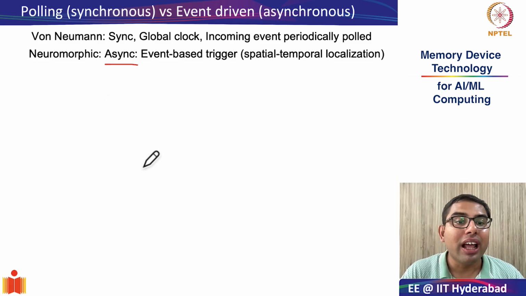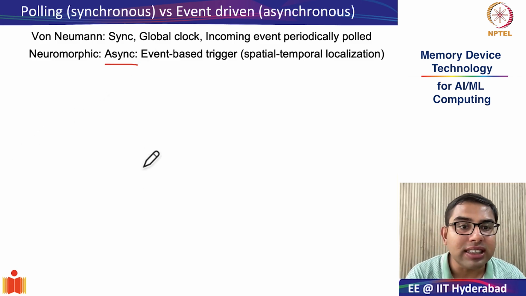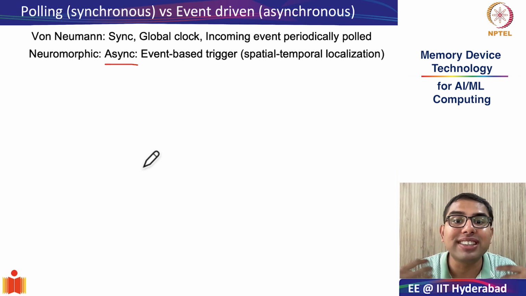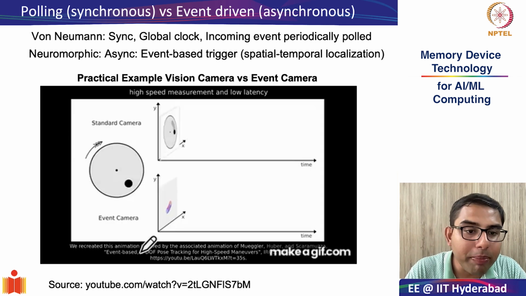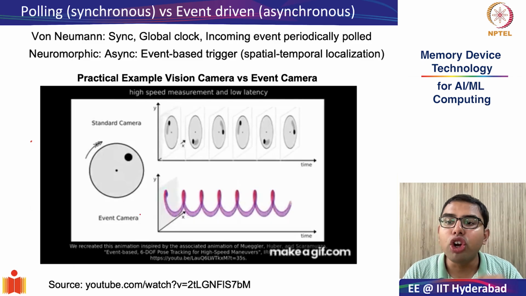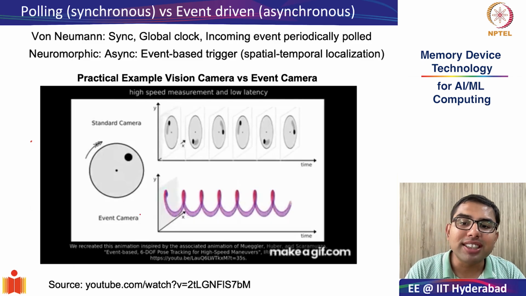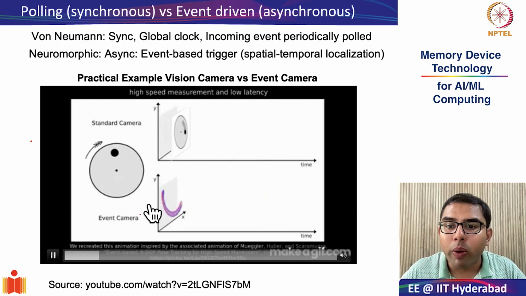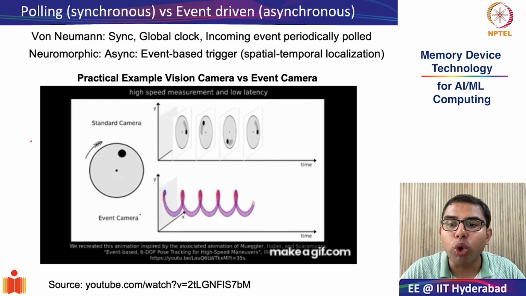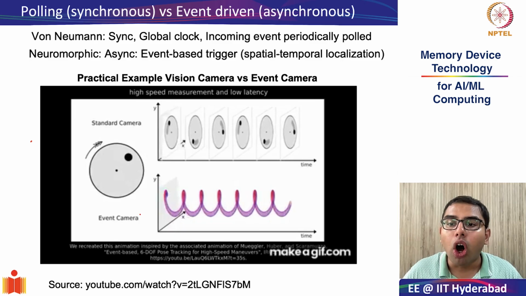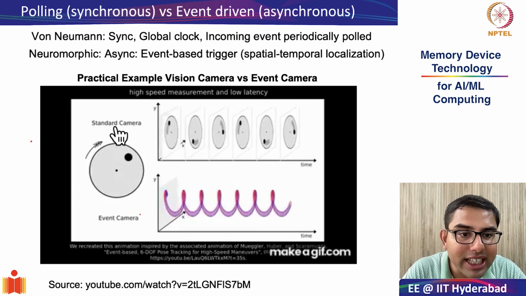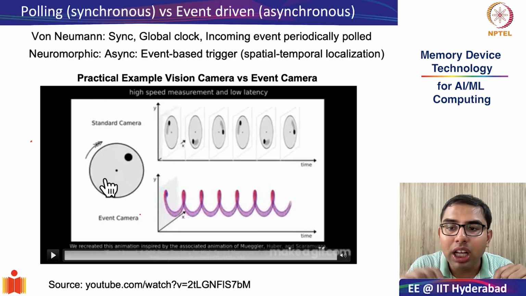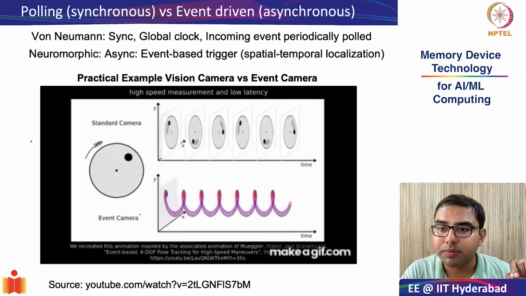Another important way to look at this is through the idea of a vision camera versus an event-based camera. So let me run this simulation for you by looking at a normal vision camera versus a neuromorphic event-driven camera. When you are trying to image an example of this rotating disc, you see this rotating disc with a dot on it.